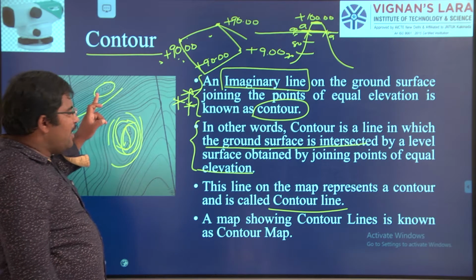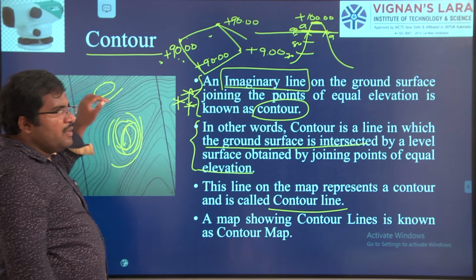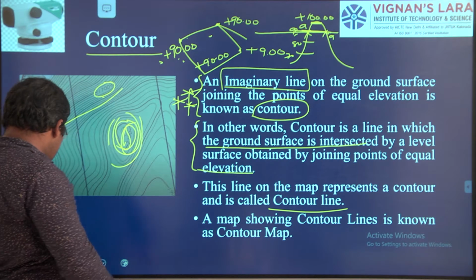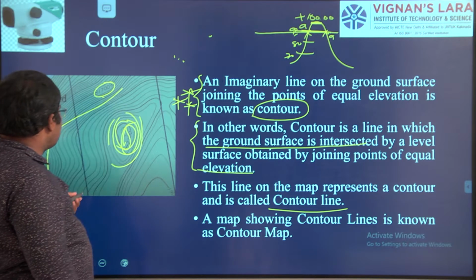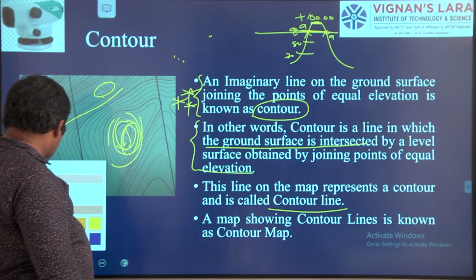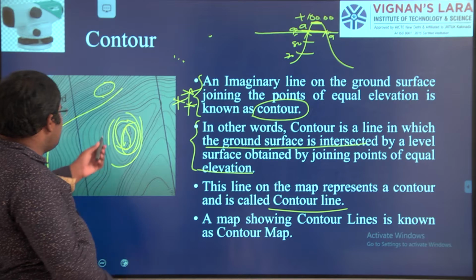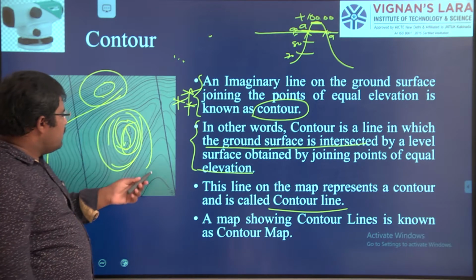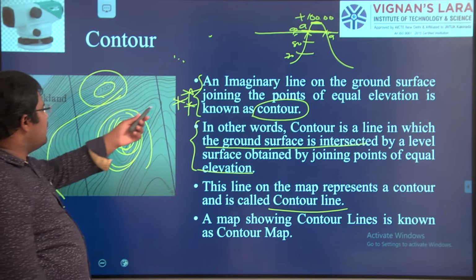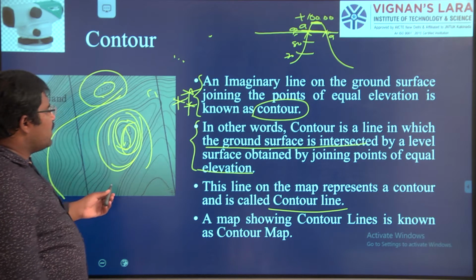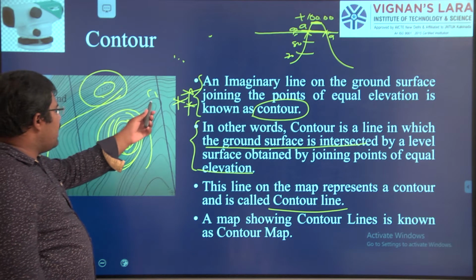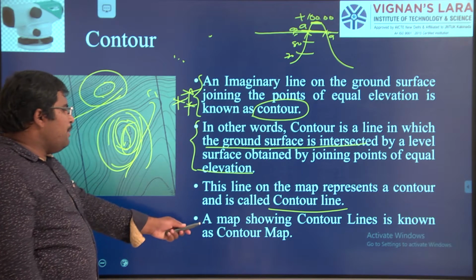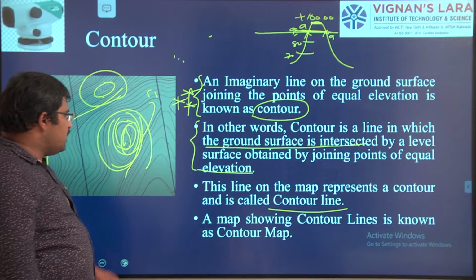Since 1700 is the lower value, the map is telling that this portion is at the higher level and this level is at the lower level. So whatever lines we are seeing here, these are all contours. The line which is already there on the map is called a contour line. Then a map showing contour lines is known as the contour map.